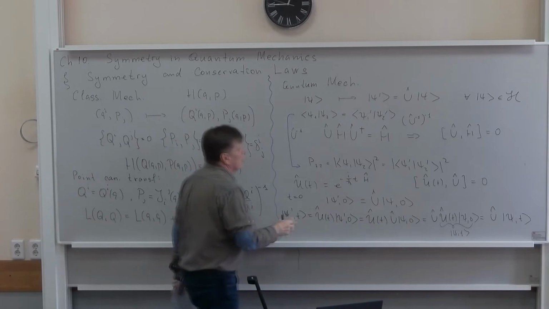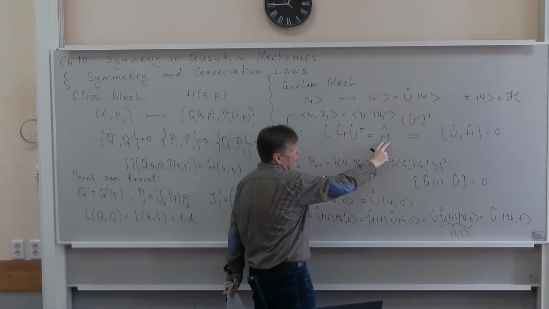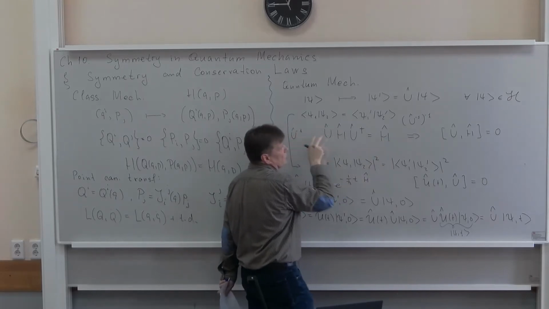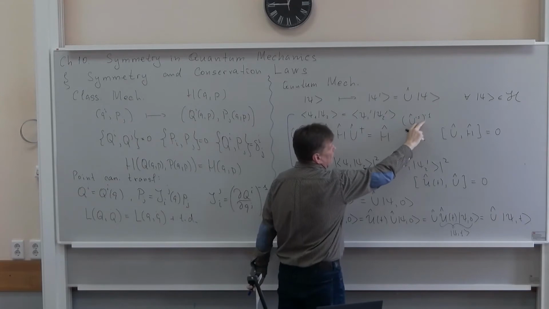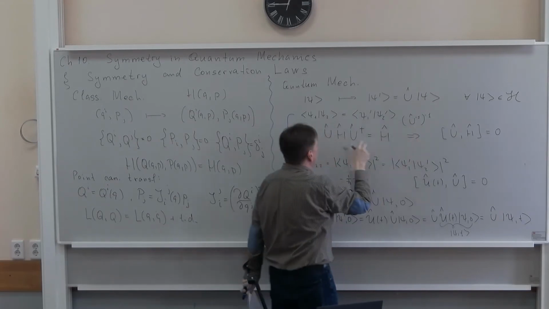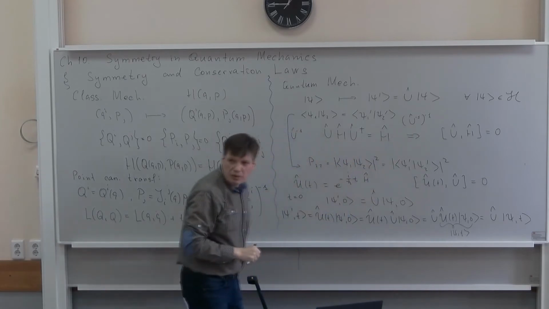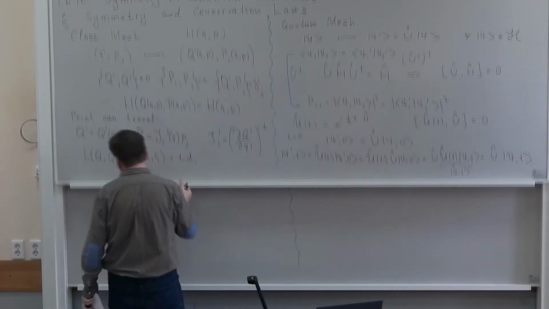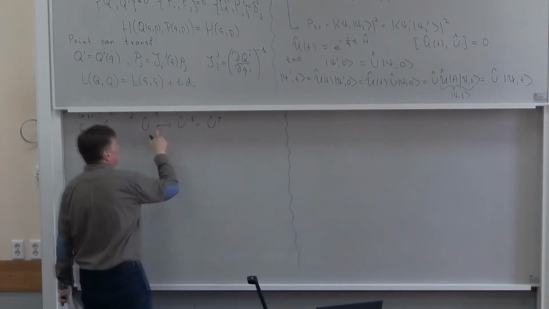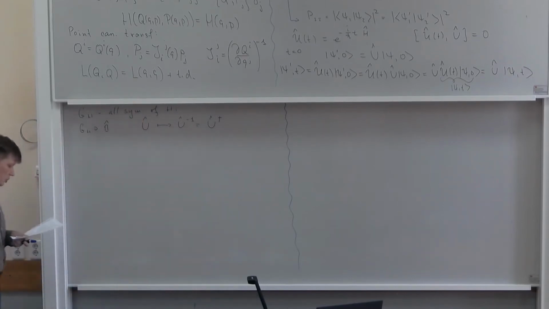And then we get H on the left and H on the right, which means that this operator preserves the Hamiltonian. So, to any symmetry operator, the inverse is also a symmetry. It's also a symmetry of the Hamiltonian.